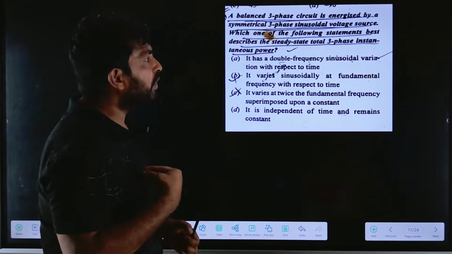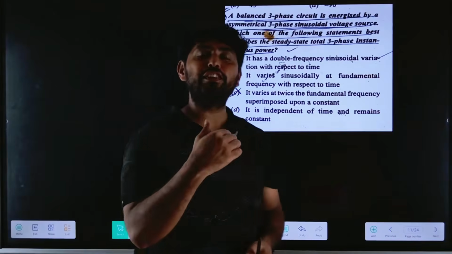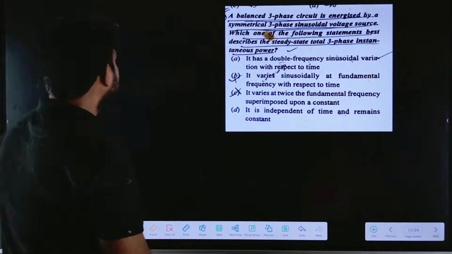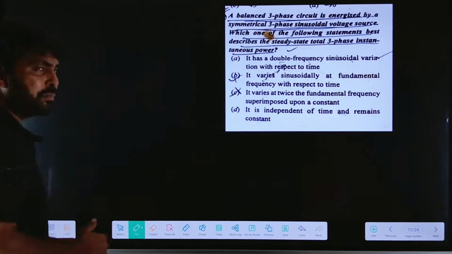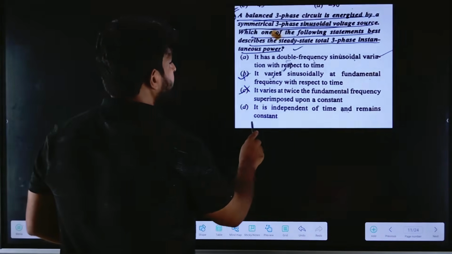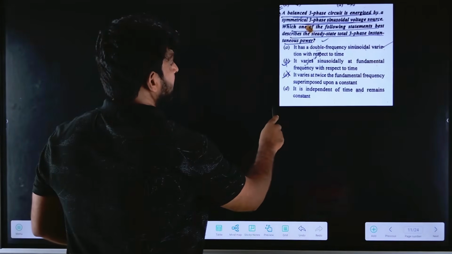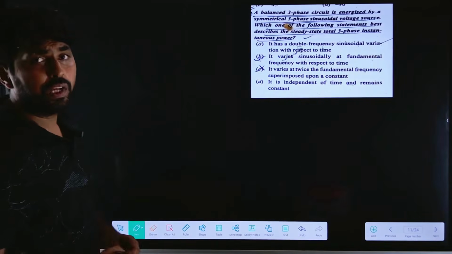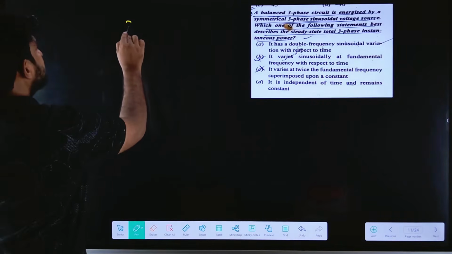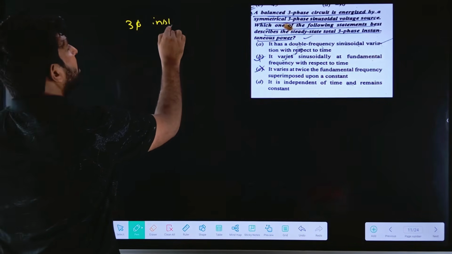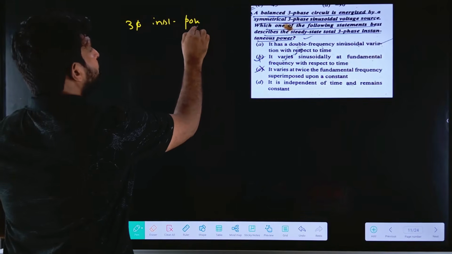Now, if you want to find the steady state three-phase instantaneous power, let me explain the concept so that you can understand. Here we have the three-phase, and we need to find the three-phase instantaneous power, which is very important.